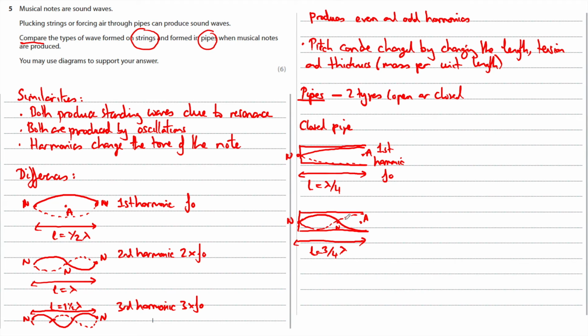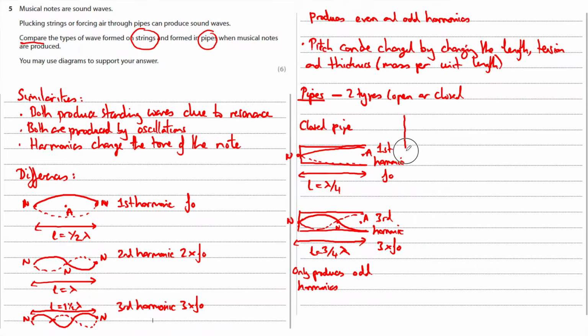A half plus 1/4, 3/4 of a wavelength. So this won't be your second harmonic, this will be the third harmonic, and that's going to be 3 times f0. So that's your closed pipe. It only produces odd harmonics.